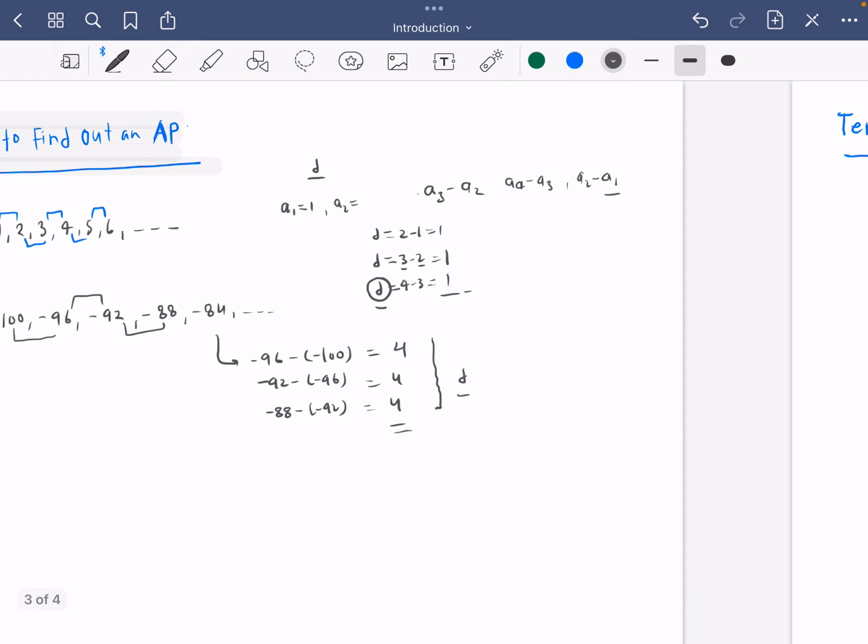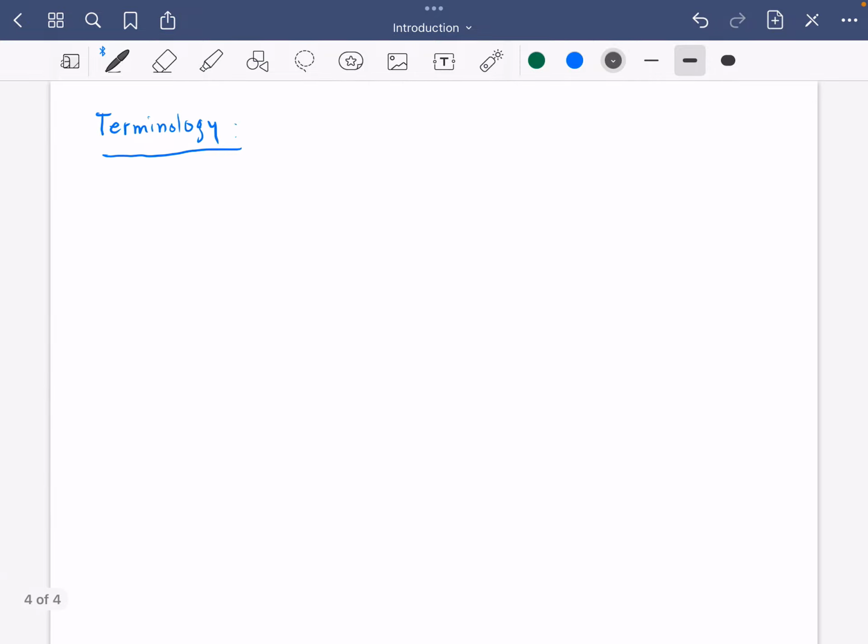Now we are going to learn some terms that we are going to use while solving problems in arithmetic progressions. The first term is term.